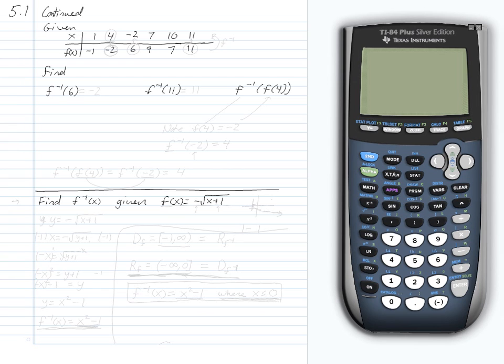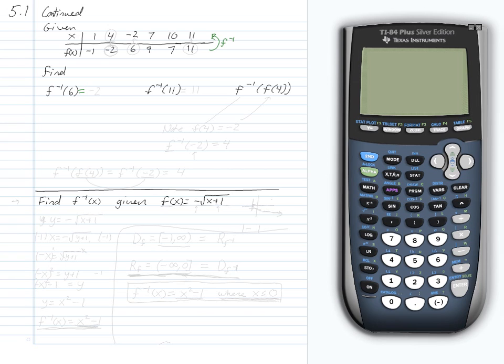Alright. Now, if we're given a table, as we are in this example, we don't necessarily need to find the whole inverse function in order to evaluate the inverse at certain values. So if I know, for instance, that f of 1 is negative 1, f of 4 is negative 2, f of negative 2 is 6, and so on, then I know that f inverse of the output is going to take me back to the input.